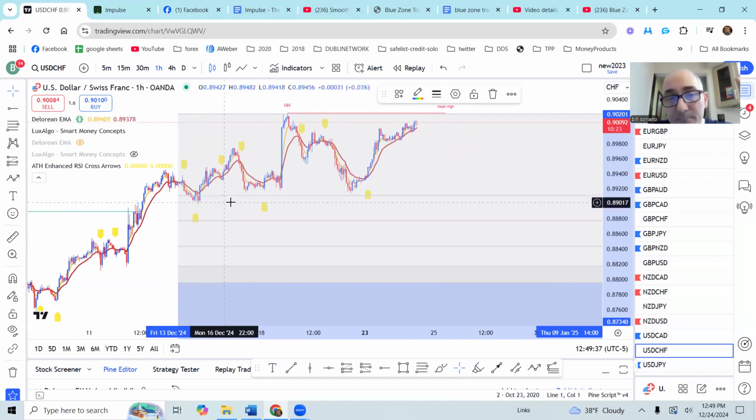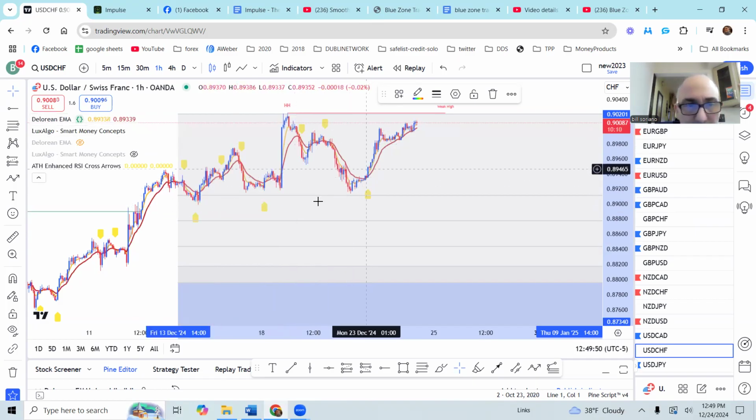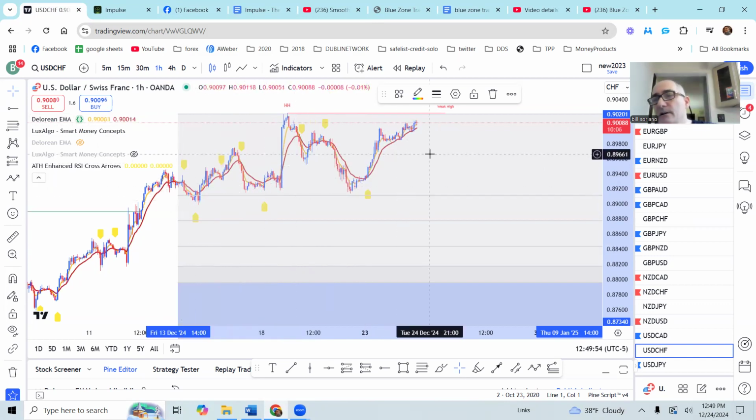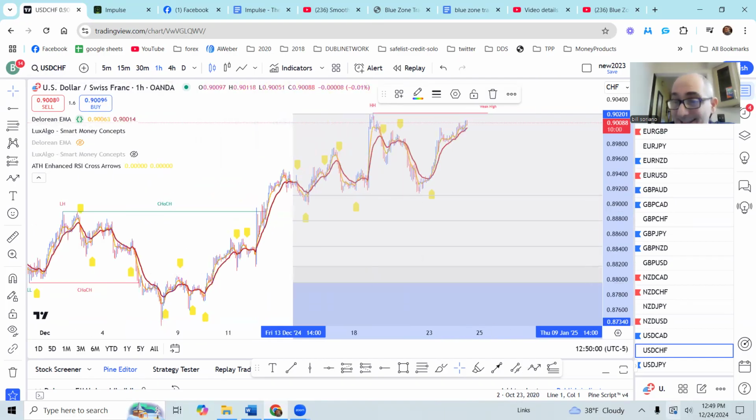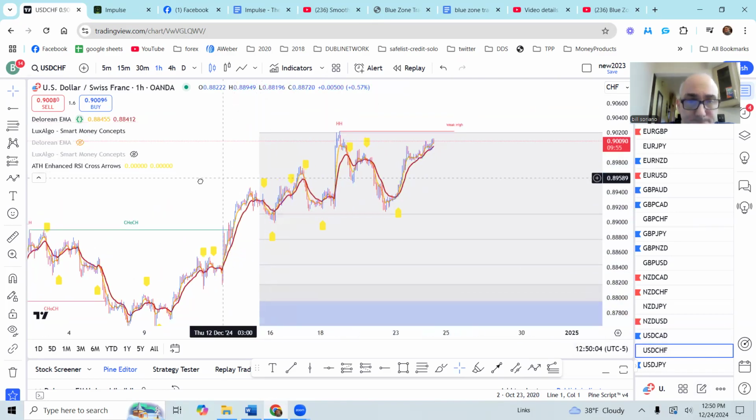Now, sometimes it happens right on the alert, like right here, right here, right here. You can see the numbers up here on this DeLorean EMA. So here's 3 opportunities that we could have had on USD CHF to take a trade, even though it wasn't even on our charts here, right?